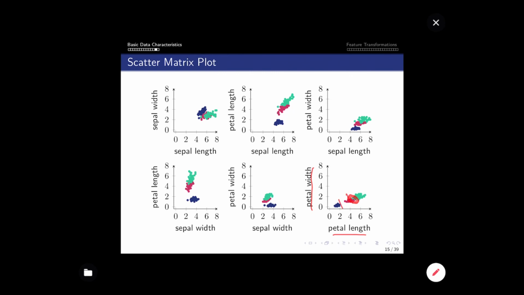And a thing you can also see is that this blue class is in all views usually better separable than, for example, the green and the red class. So you can take from this already that it might be more difficult to separate red and green than blue.